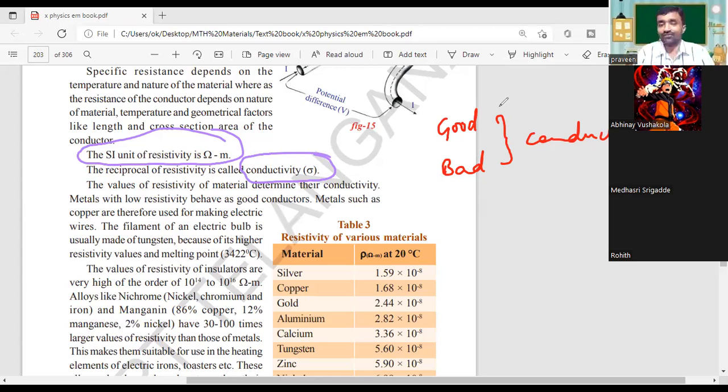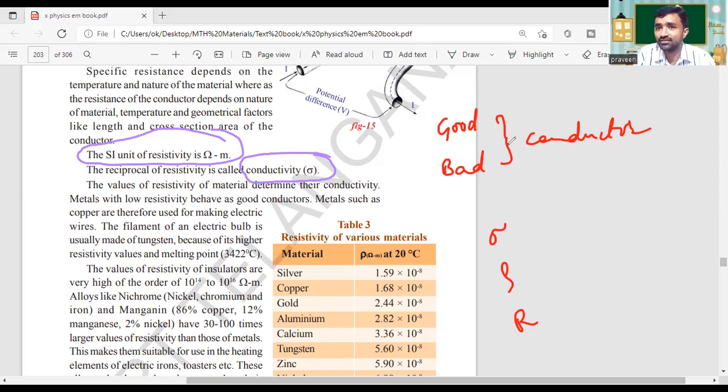So which is the best conductor? Having more conductivity, or more resistivity, or more resistance? Among these three, I am asking you: is conductivity more for the best conductor, or resistivity more, or resistance more? How do you decide which is the best conductor? Based on which value?